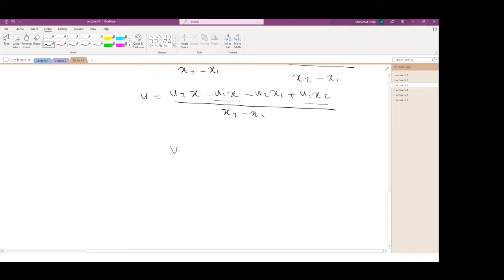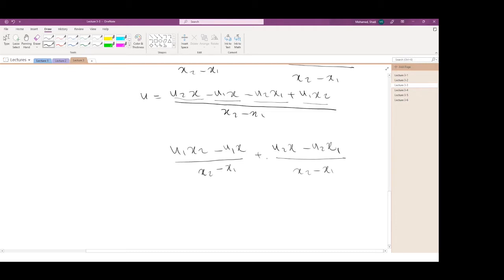So I have U1 X2. This is the positive term. Minus U1 X divided by X2 minus X1. And then I have U2 X minus U2 X1, so I'm just going to write it here: U2 X minus U2 X1 divided by X2 minus X1.